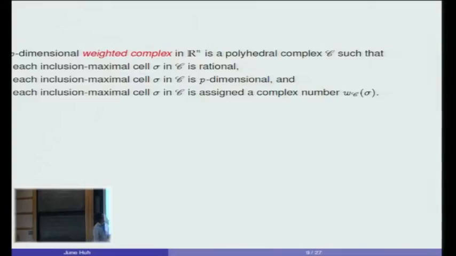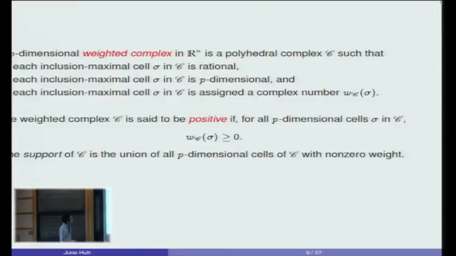And I'm going to assign a complex number w to each p-dimensional cell. So it's basically a pure dimensional polyhedral complex assigned with a complex number to each maximal cell. And I'll say that the complex is positive if all the weights are positive or non-negative. And I can also define the support of such a weighted complex as the union of cells with non-zero weight.